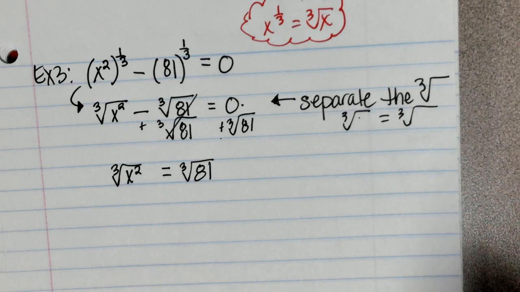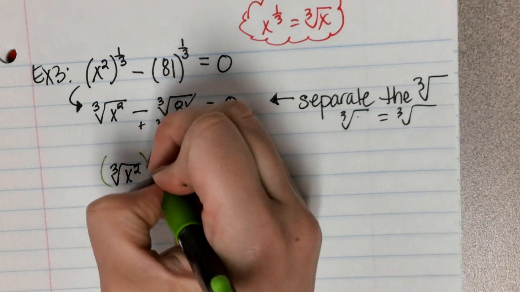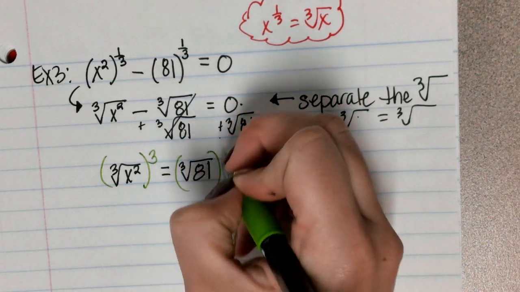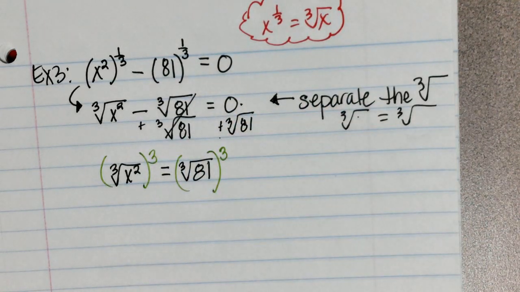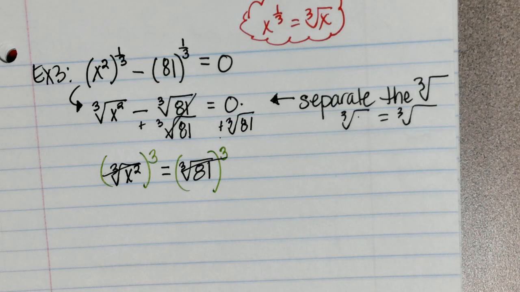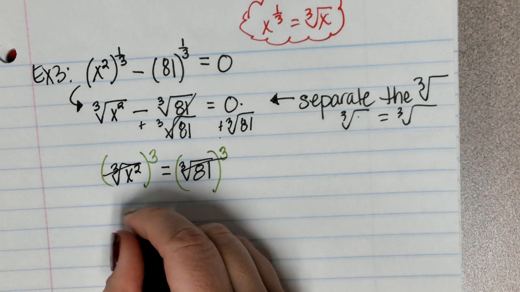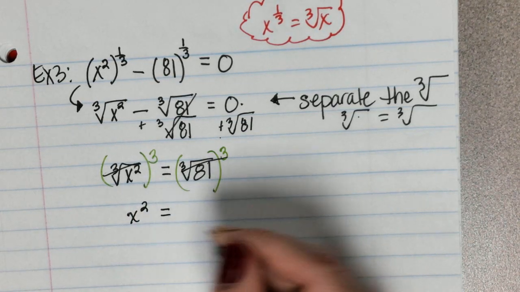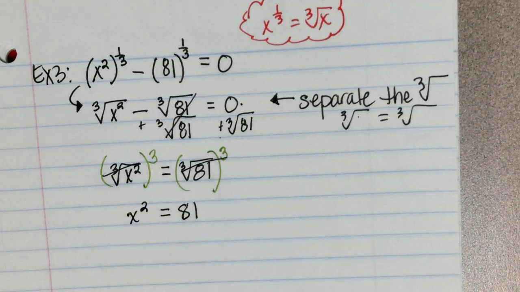We can go on to cube both sides. Cube the left, cube the right. And since they're both cube roots, all we're doing is unlocking the stuff underneath, right? Leaving us with x squared equals 81.